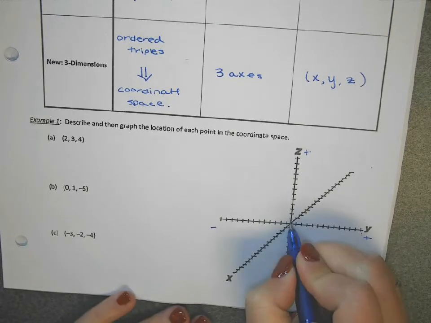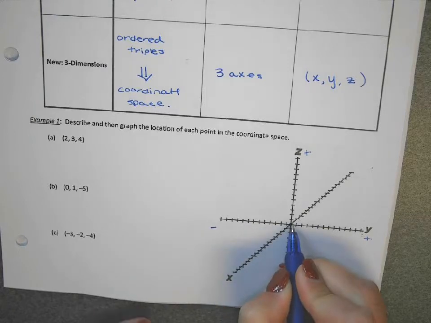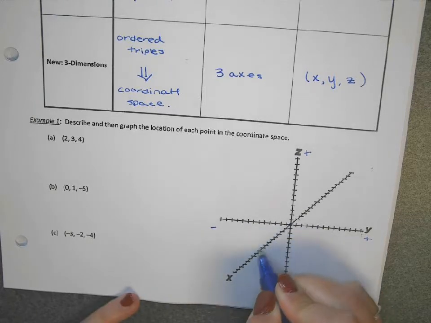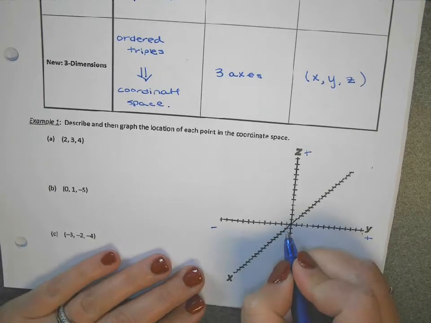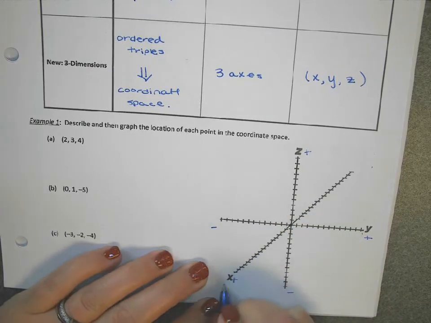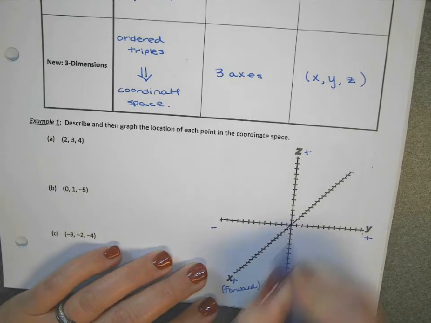Okay? If you start here at the origin, this is still called an origin. If you move forward, some people get confused and they don't know what's back and what's forward. We consider this your positive direction, and we call this forward. Positive goes forward.